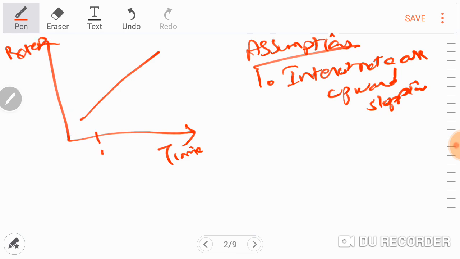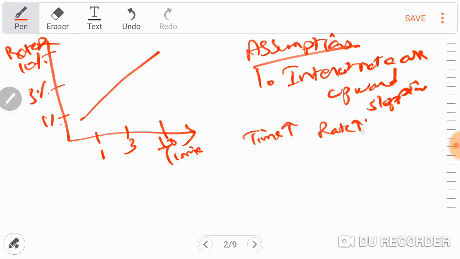If this is 1 year, maybe you'll get a 1% rate. If you have 3 years, you might get 3%. Or if you have, say, 10 years, maybe you're getting 10%. Which means when time increases, the rate also increases. That's kind of natural to know, right?